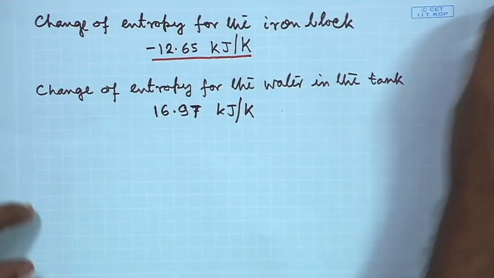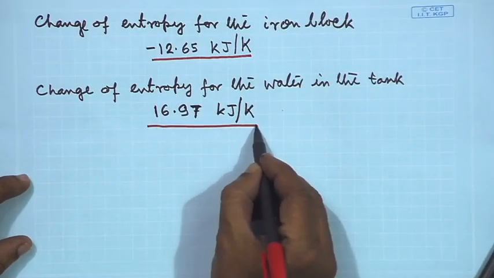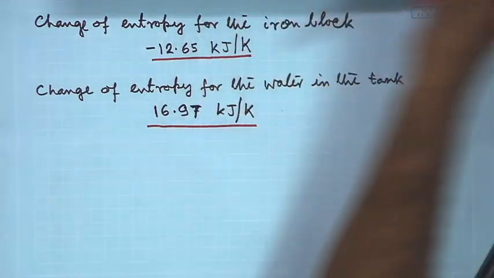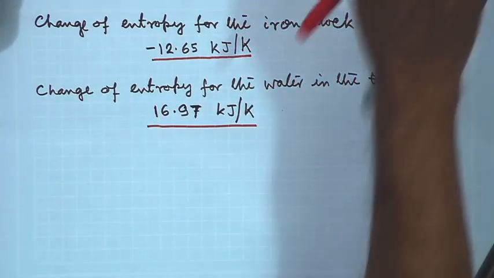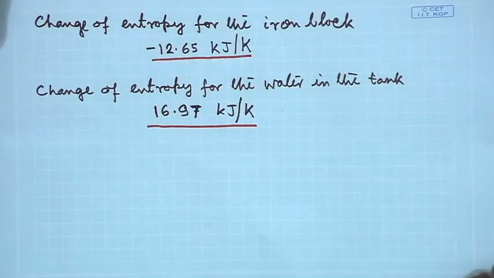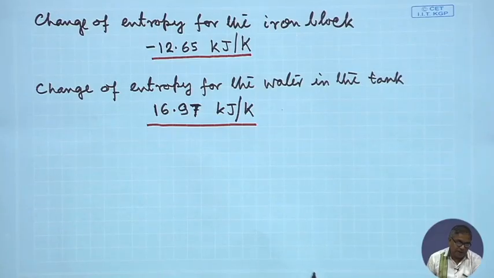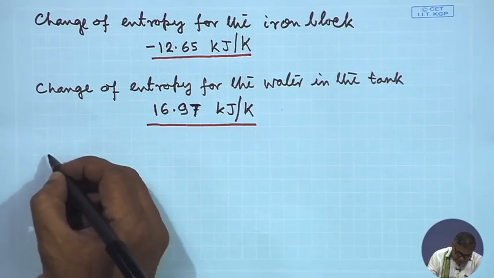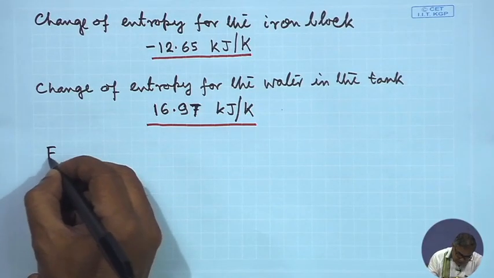Okay. So, this is positive. Heat has been transferred from the block to the water in the tank. So, water has gained heat, it has also gained entropy. Okay. Then next thing which we should calculate is what? What is the entropy generation?